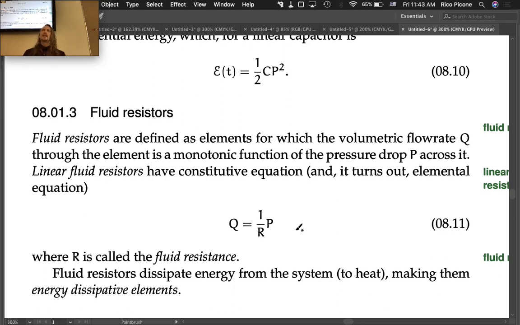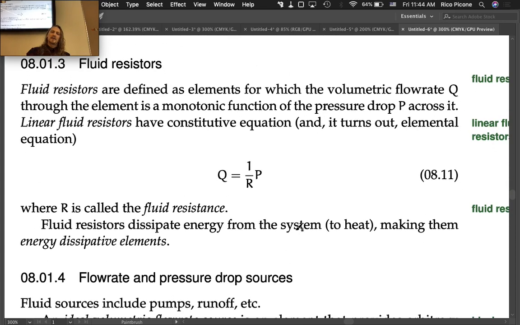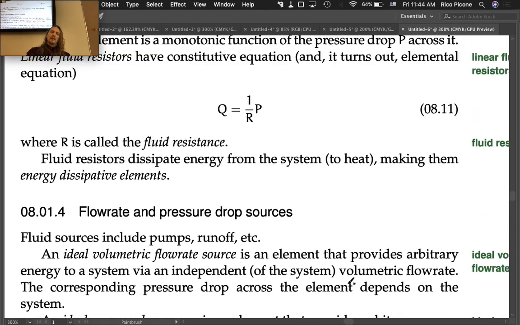So you're seeing that there's a thing that's sort of like an inductor, the inertance for fluid systems. There's a thing that's kind of like the capacitor, the capacitance for a fluid system. And then there's this thing like a resistor, the fluid resistance. Fluid resistors dissipate energy from the system to heat, making them energy dissipative elements.